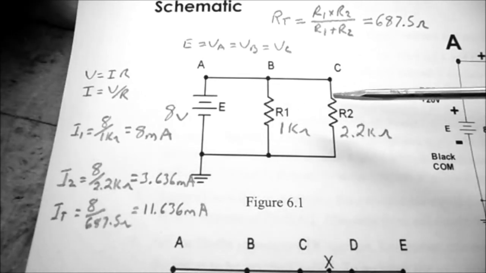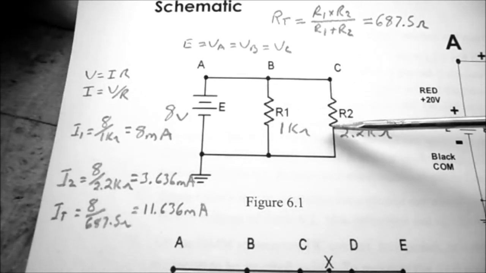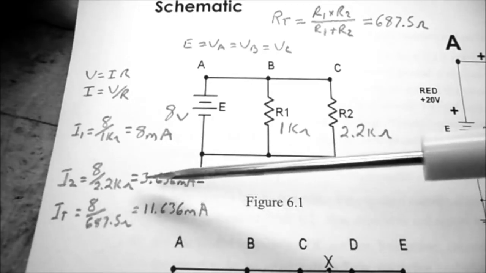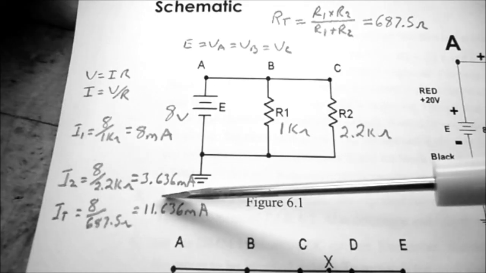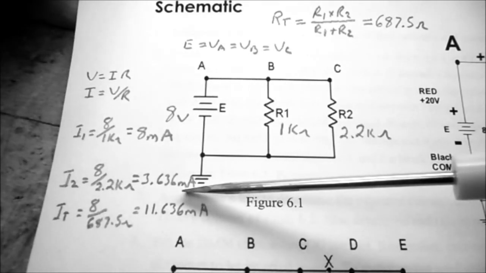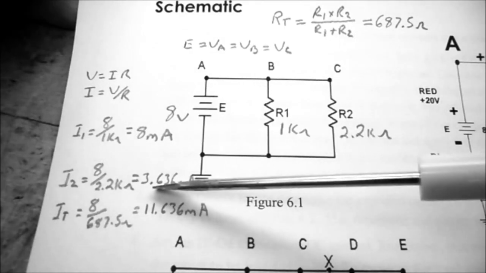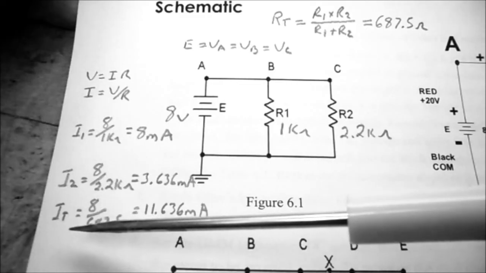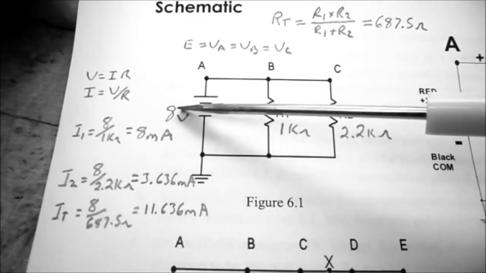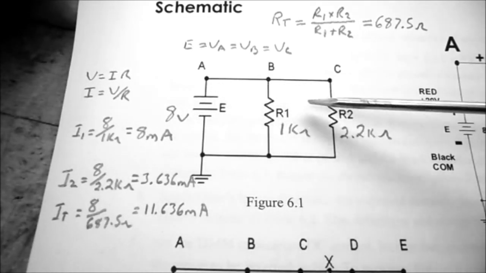I2, which is the current running through resistor 2, is going to be equal to 8 volts divided by 2.2K, which equals 3.636 milliamps. Please note I've gone to 3 decimal places. And IT is going to be equal to the 8 volts divided by the total resistance.